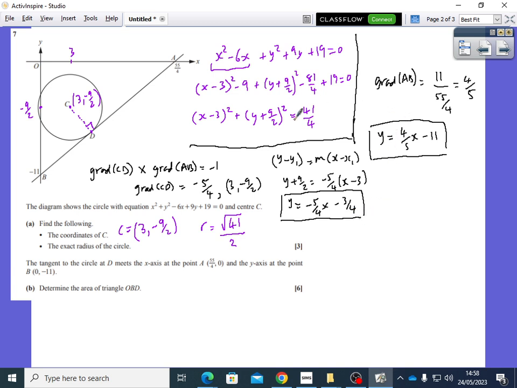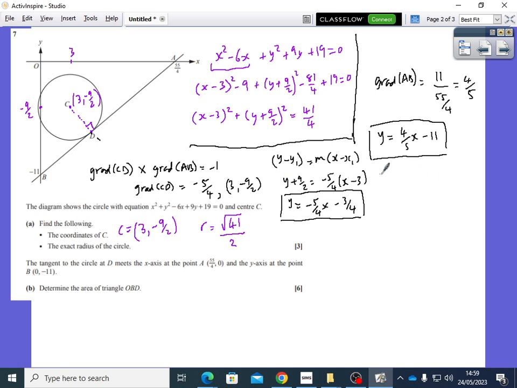Now, you've got the equation of this line and the equation of this line, so you can easily find out the point D. If y is equal to that and y is equal to that, then setting them equal is going to give me where these two lines intersect.